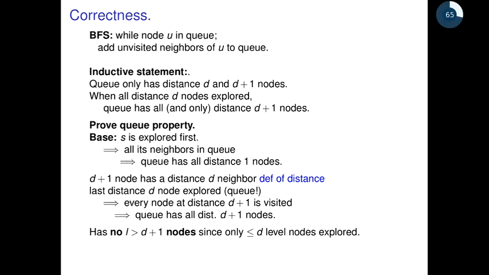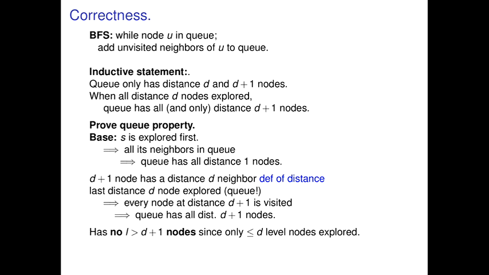Now, it has no bigger nodes, bigger than D plus 1, because you haven't processed any D plus 1 nodes yet. You've only processed nodes less than D plus 1. And anybody at distance D minus 1 does not have an edge to anybody at distance D plus 8, because if you have an edge from a D minus 1 node to a node, its distance must be D, not D plus 8.